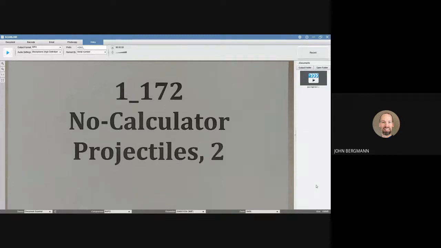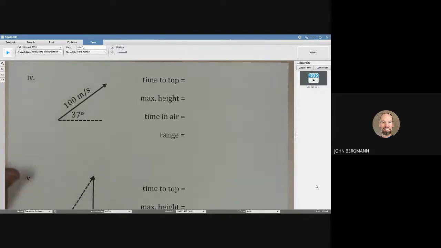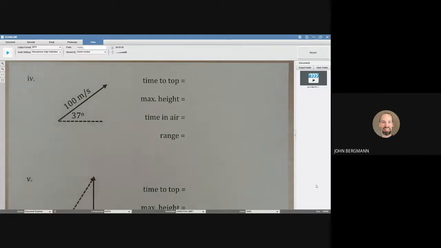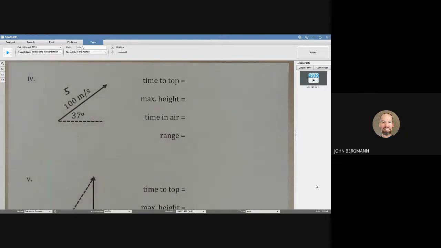Here we're going to do a couple more problems with projectiles where we don't need a calculator. Here we see we have a 37-degree angle, and we've talked several times in the last video that if you have a 37-degree angle or a 53-degree angle, that is a hint that what you have is a 3, 4, 5 right triangle.